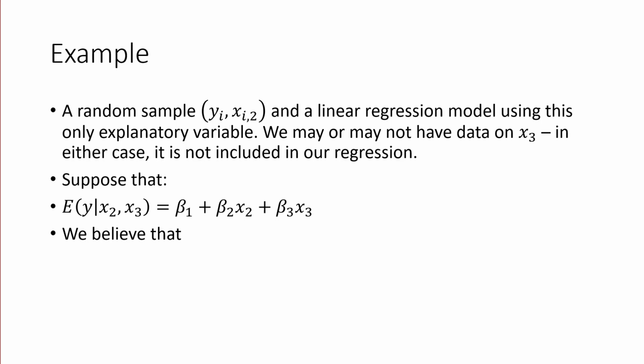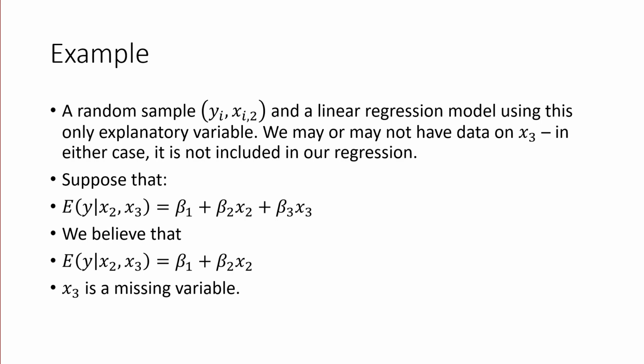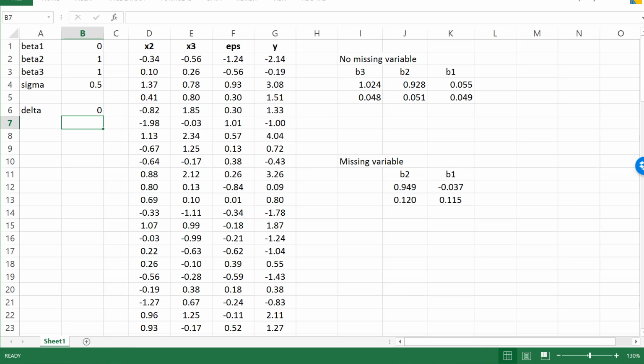However, I actually believe that it's only the number of hours that the student studies that affects the final result. So I do not include x3 in my regression. However, since it does affect the expected value of y, it should be included, so x3 is here an example of a missing variable. So let's look at a simulation study that illustrates this example.